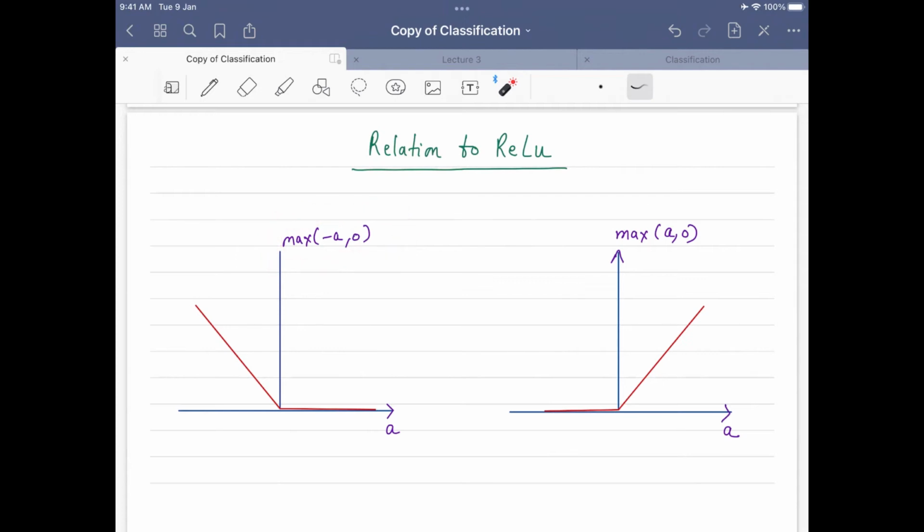This ReLU concept has not come out of the blue. It has come from the motivation of using the perceptron loss function. They took the motivation from here and took the mirror image of it, and this slide shows you that. This is the relation between ReLU and the perceptron loss function.